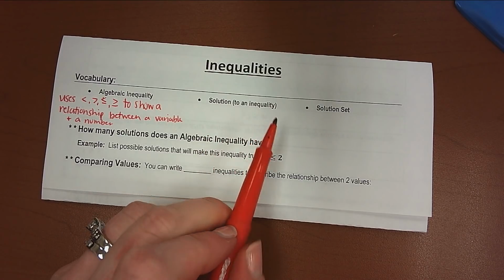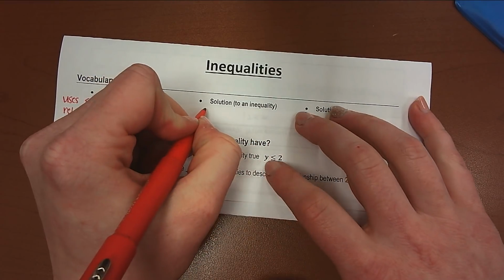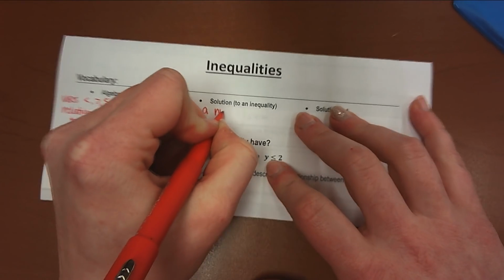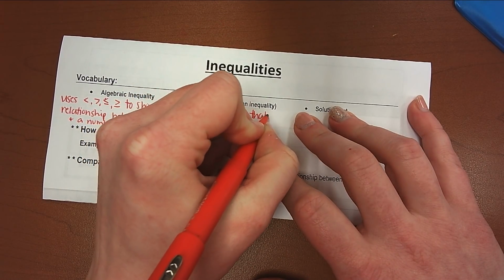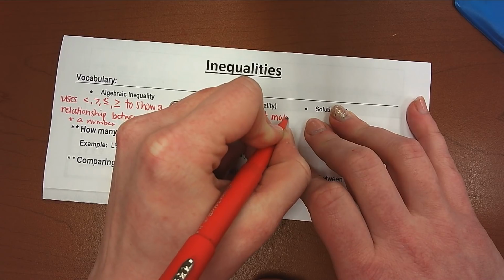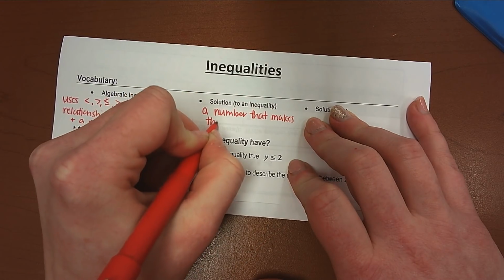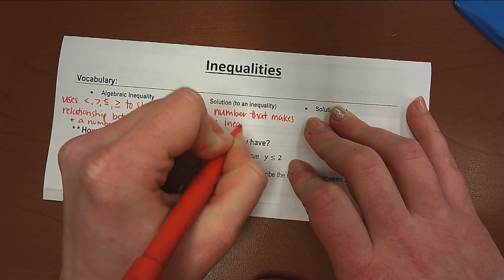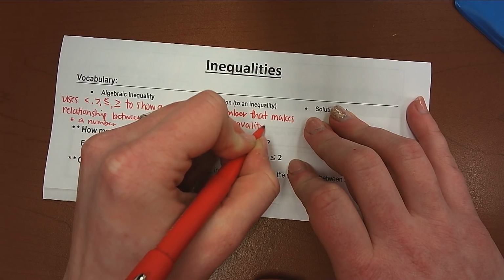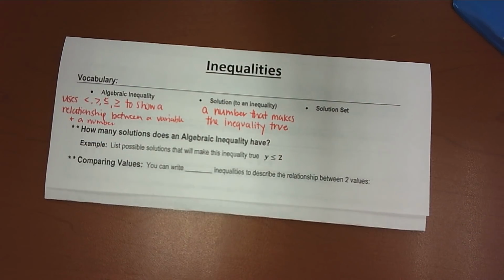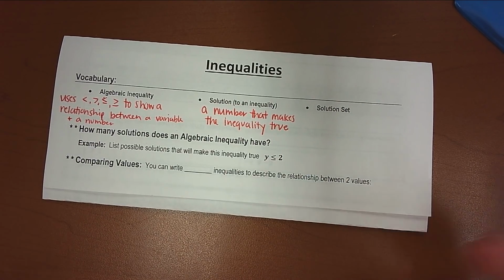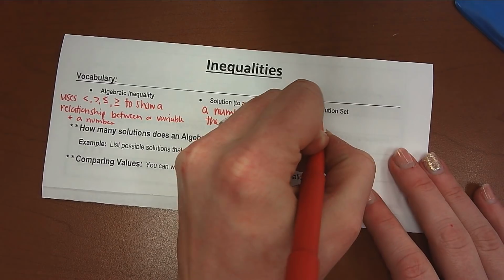A solution to an inequality is a number that makes the inequality true. And a solution set is the set of numbers that make the inequality true.